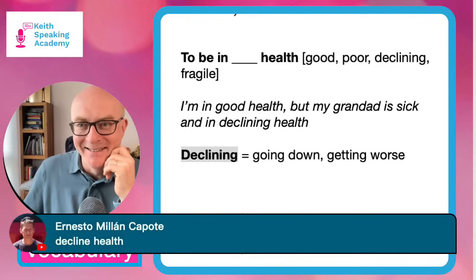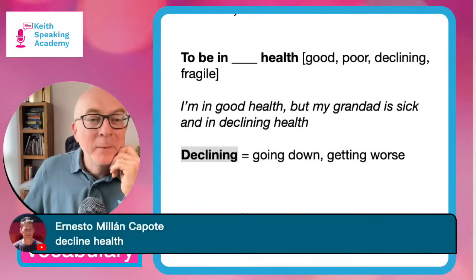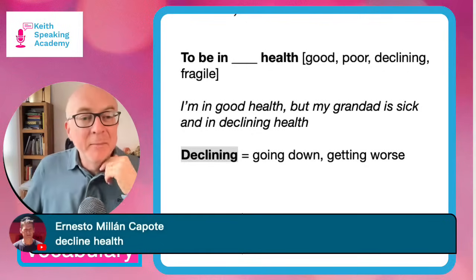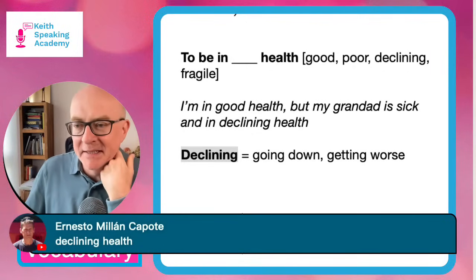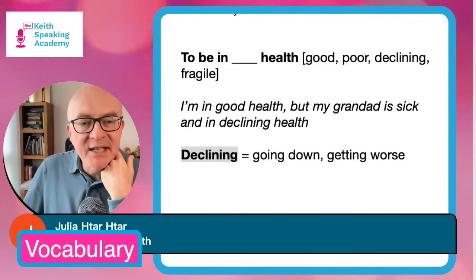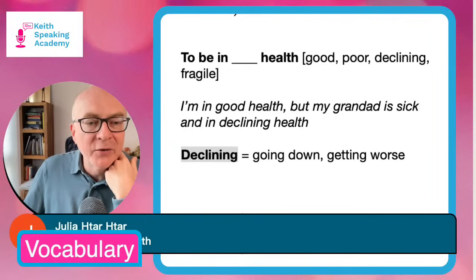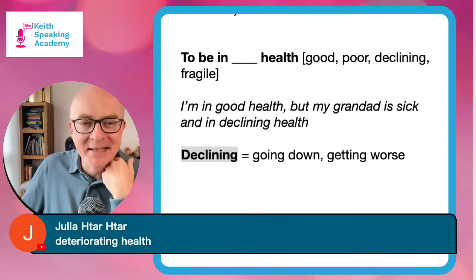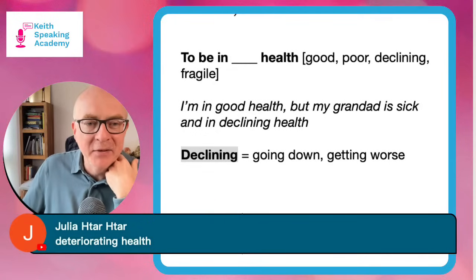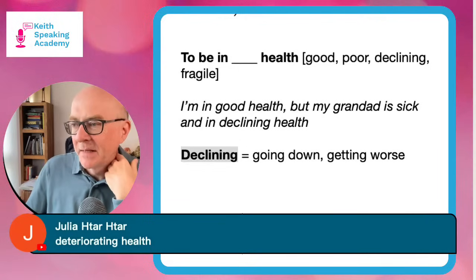I'm really struggling today. Decline. It's an adjective, so we would have to say declining health, basically, right? Julia says deteriorating health. You can't see it, but there we go. Deteriorating health, exactly. Deteriorating health. Same thing.